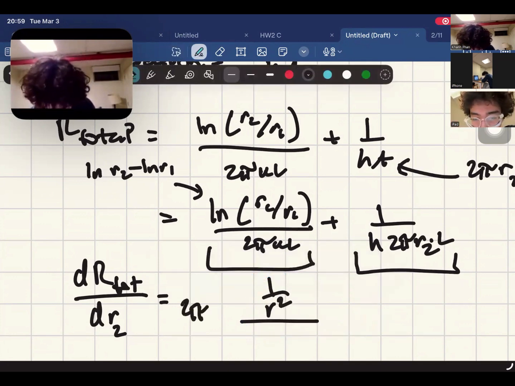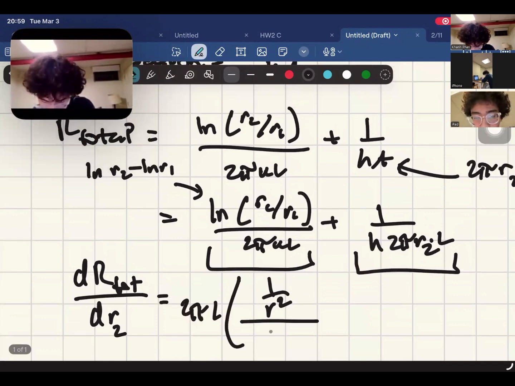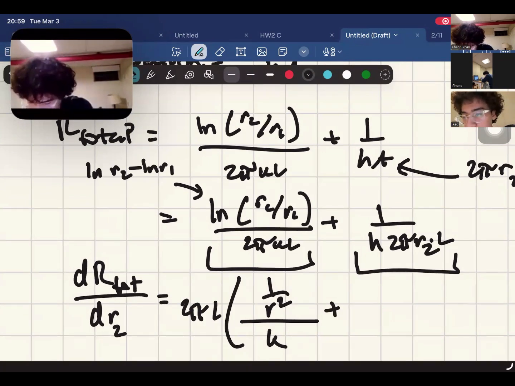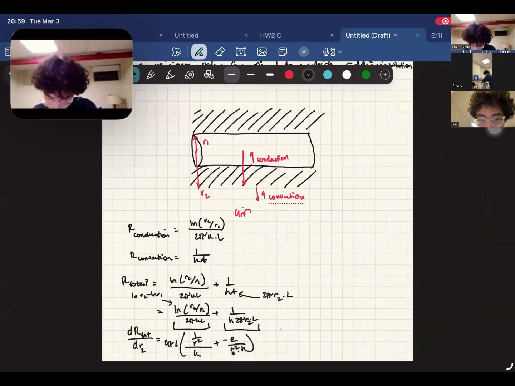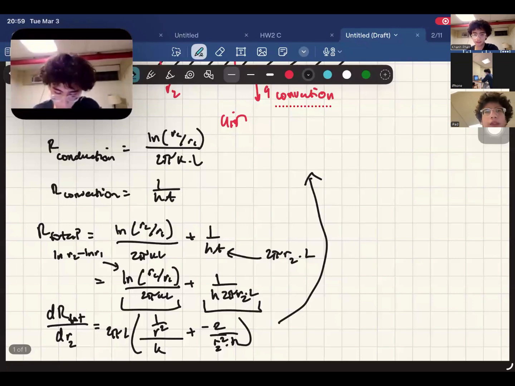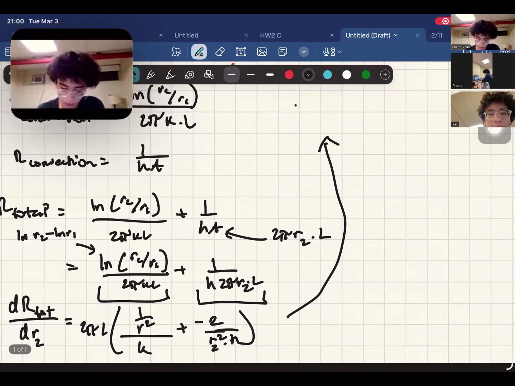So 2 pi L over K, plus 1 over 2 R2 square times H. And then, so when the derivative is 0, that point is going to be either the maximum or the minimum. And then we can also cancel out 2 pi L.